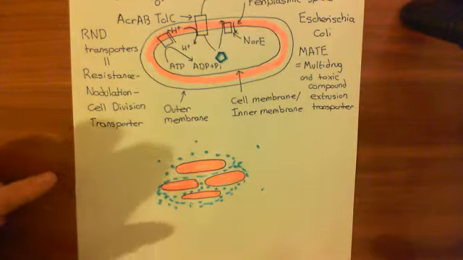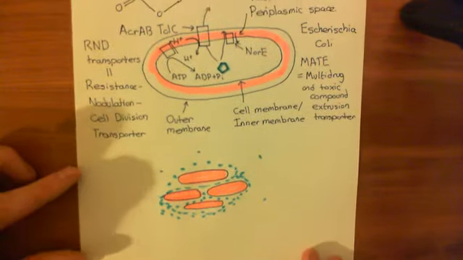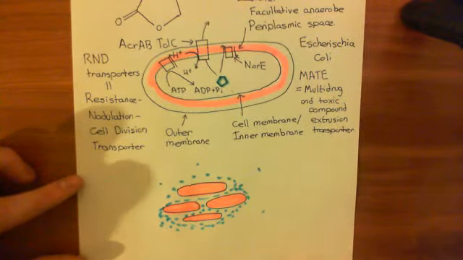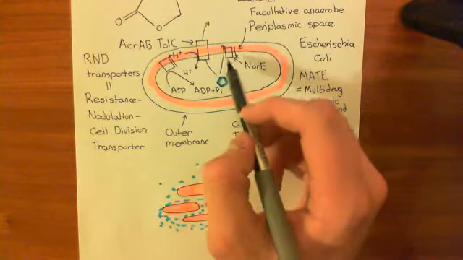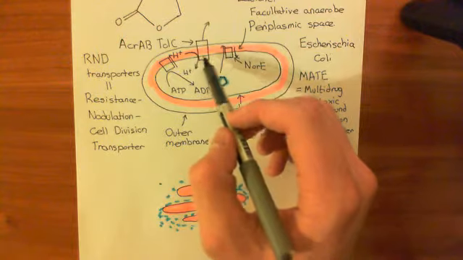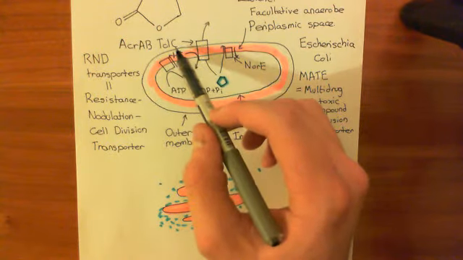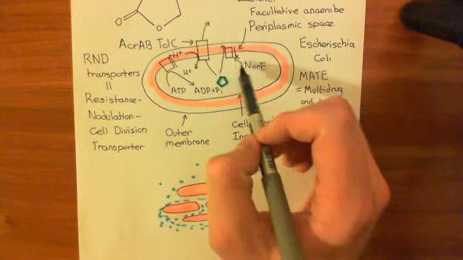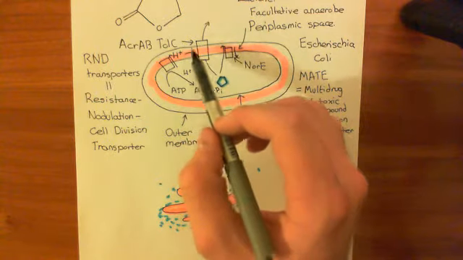Now there are two quite interesting experiments you can do. You can knock these transporters out in the E. coli. So you can genetically modify the E. coli so that they don't produce an AcrAB-TolC transporter and don't produce a NorE transporter. Now if you knock those out, what's going to happen?